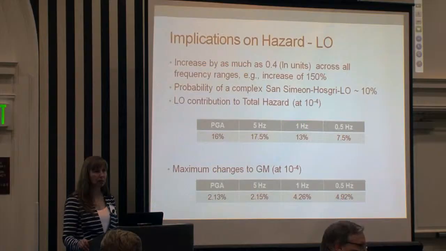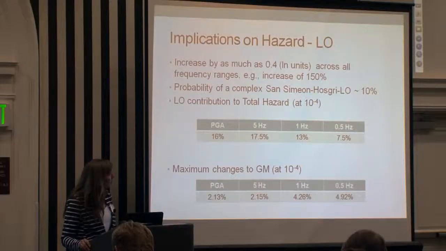Do we focus them on splay ruptures? Do we focus them on understanding hanging wall scaling, or how we get to magnitude 8s and so forth? That's what we're trying to get at with this picture. This isn't to tell you the answer, it's to give us guidance on focusing our discussion and our effort.